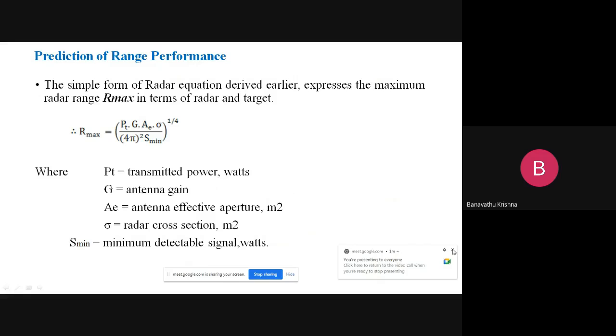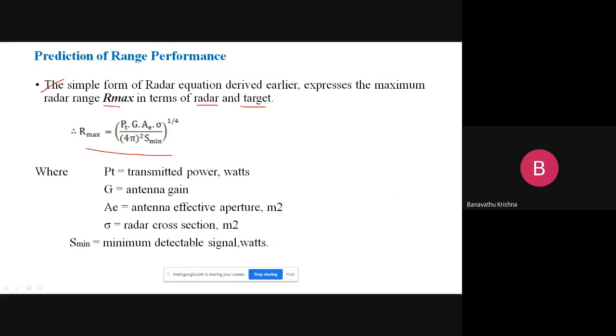This is the simple form of the radar equation. It is already derived and expresses the maximum range, R maximum, in terms of radar and target parameters.